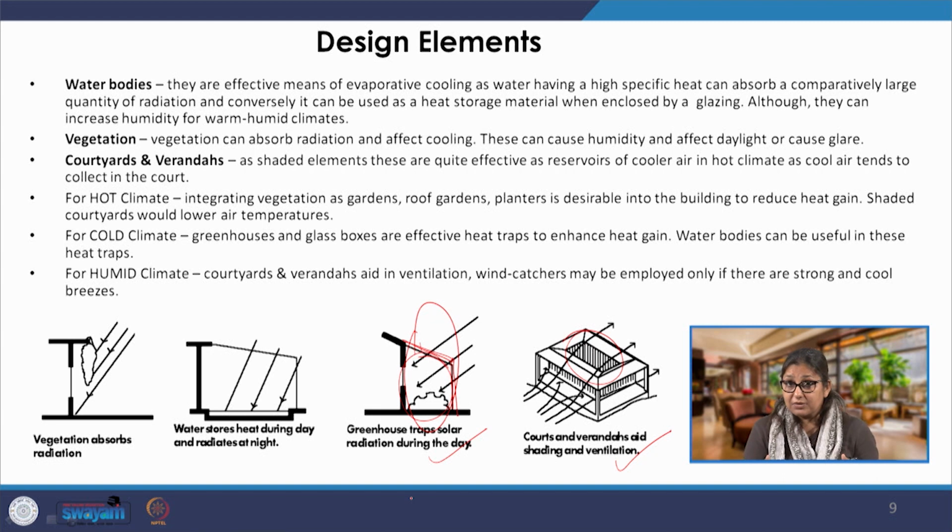In extremely cold climates, you would find that they often have a glazed balcony or bay windows, which bring in a lot of sun, and during the night they would block it by very thick insulating curtains or some sort of covering, which will stop the heat from going from inside to outside. So, during the day bringing in the radiation, during the night stopping the radiation.